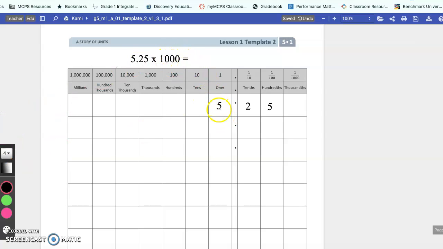I need to move over 3 spots on my place value chart. And my special strategy with the zeros matches that I need to move over 3 places on my place value chart. 3 zeros, going to move over 3 places. 1, 2, 3. And that matches what I already know, that 5 times 1,000 is 5 thousand.